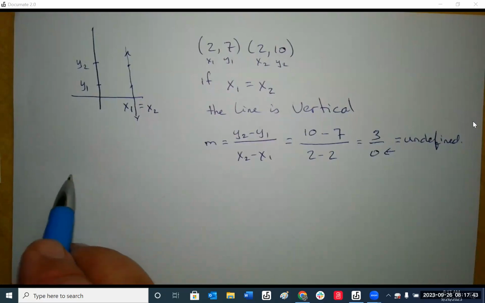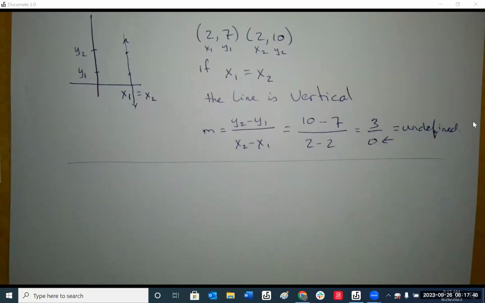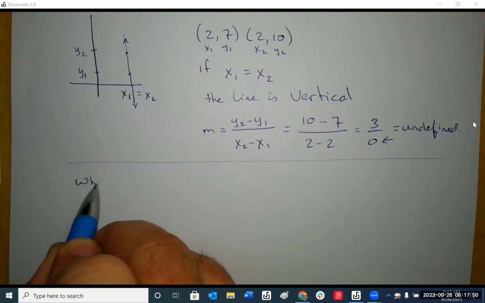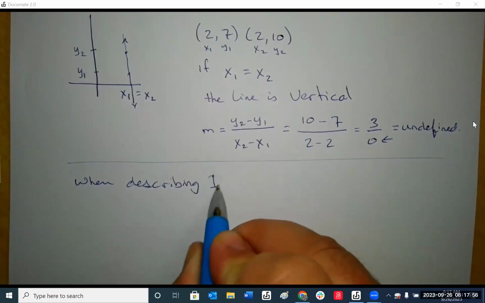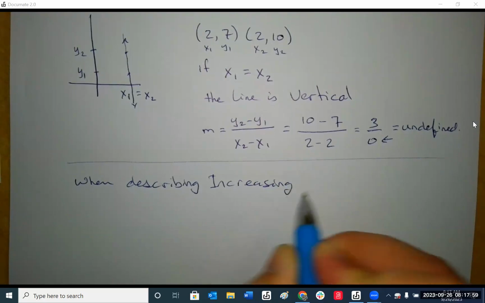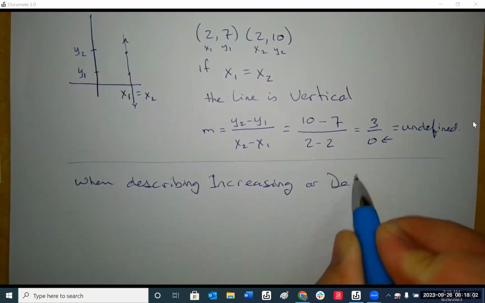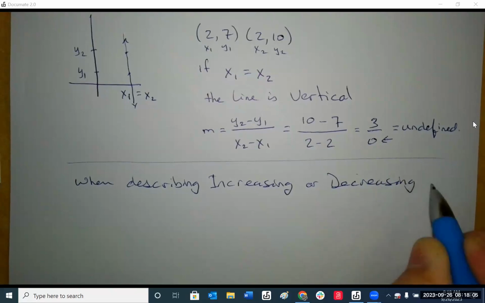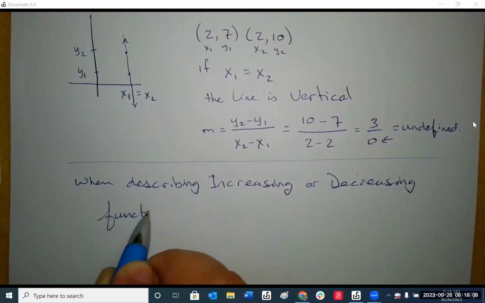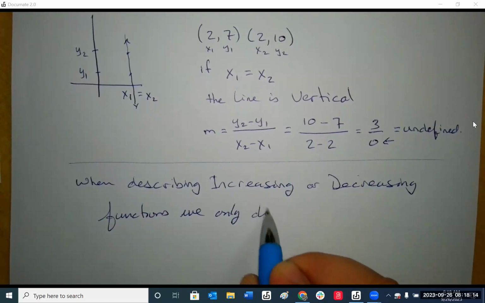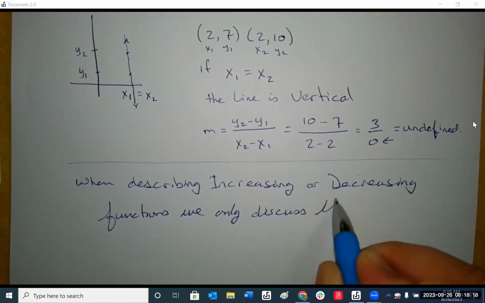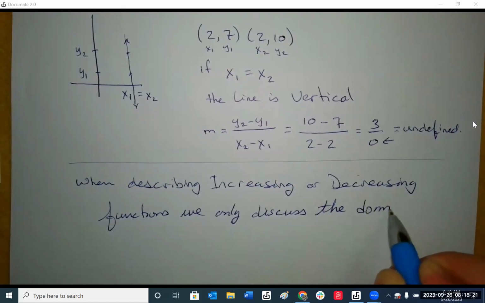So when we talk about increasing, decreasing functions, we only discuss the domain of the function.